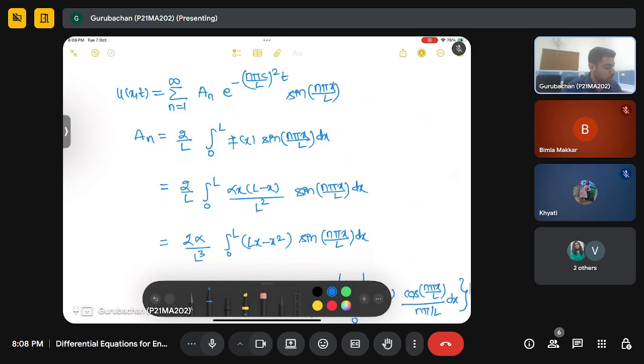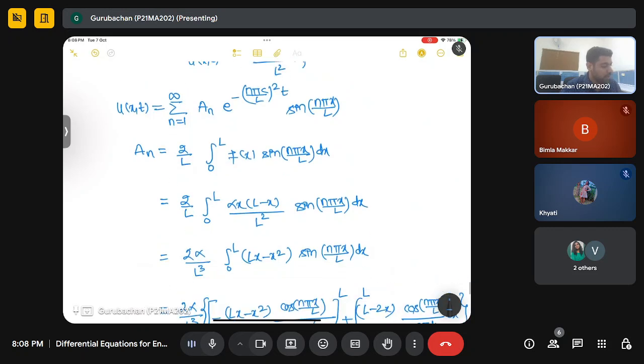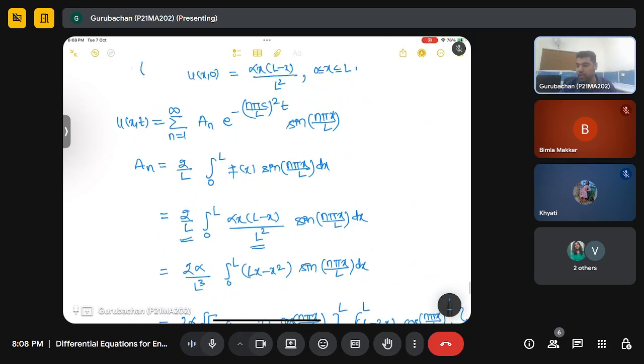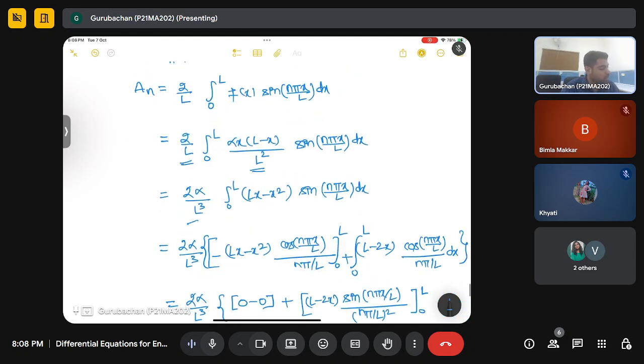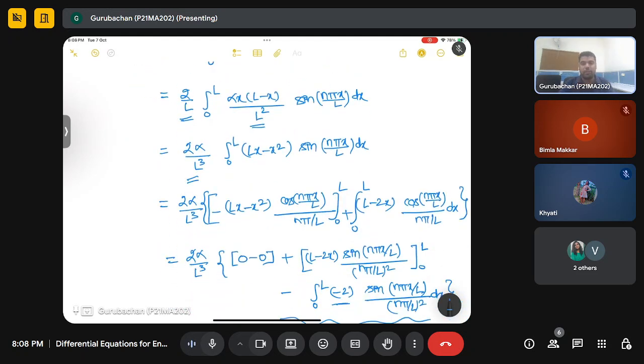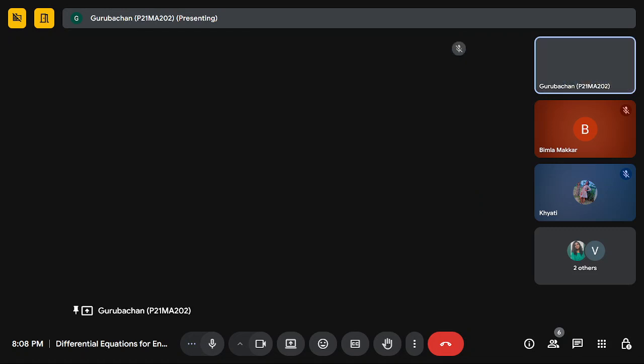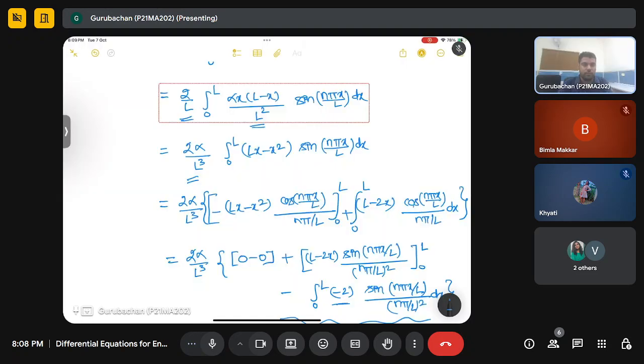So it was 2 by L square. We have been given L square, so it will become L cube. Then L cube and L cube will cancel out. Just let me recheck it. So it is absolutely fine.